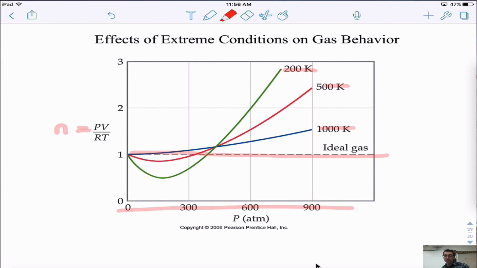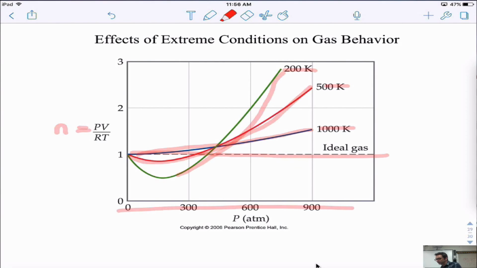If you have a very high temperature, you can see that at 1,000 Kelvin, the gas remains pretty true to that ideal gas line. But if I lower the temperature to 500, you'll notice that as I increase the pressure, the gas deviates pretty severely from ideal behavior. That's because the molecules will start to liquefy. If we go to 200, we get an even more severe effect.